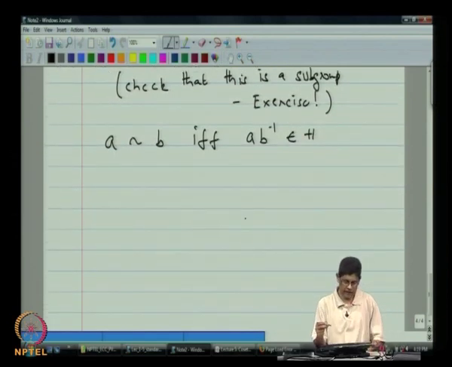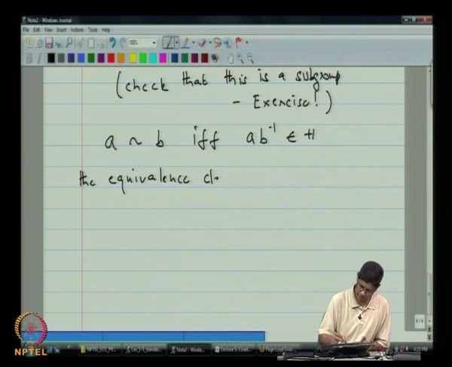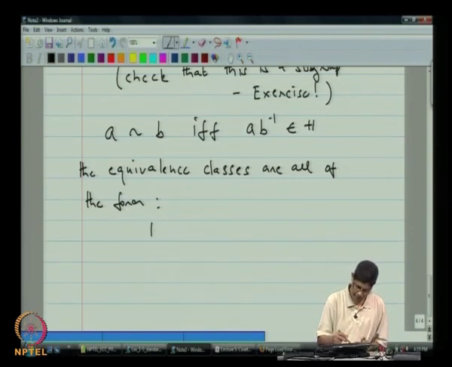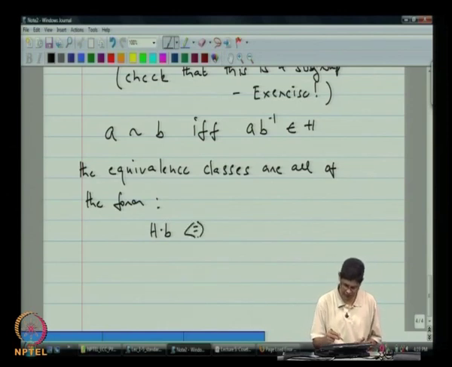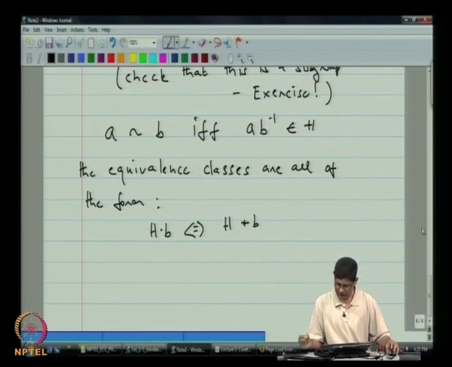We've already seen that the equivalence classes are all of the form H B, which in the present context, since our operation is addition, means H plus B. So, all the equivalence classes are obtained by adding some element to the subgroup.